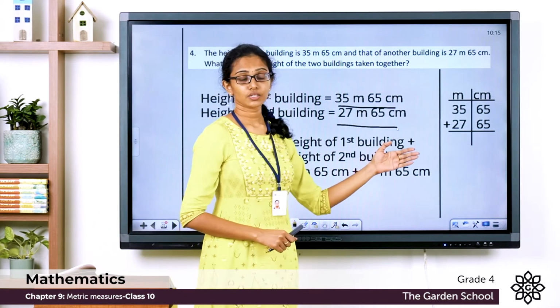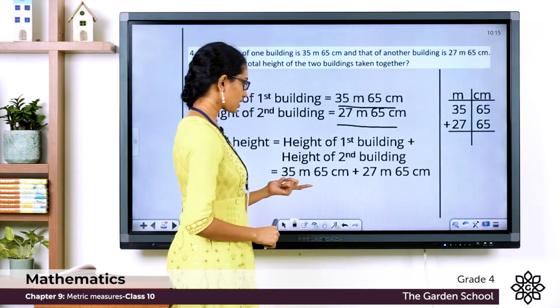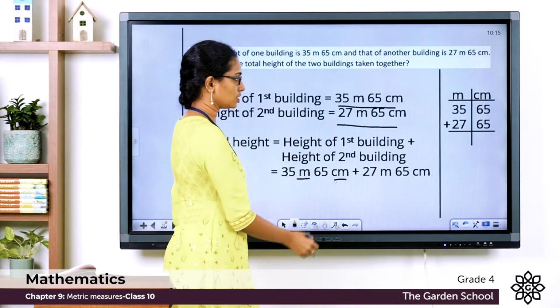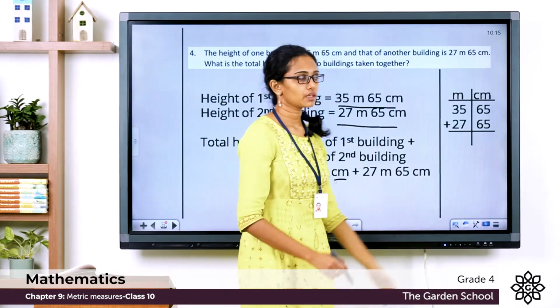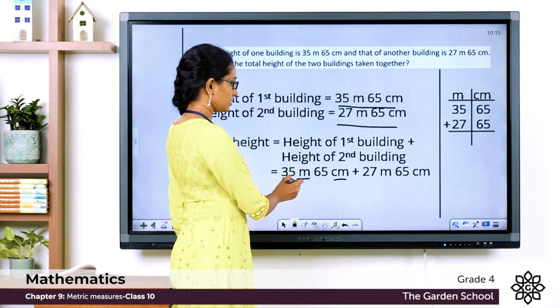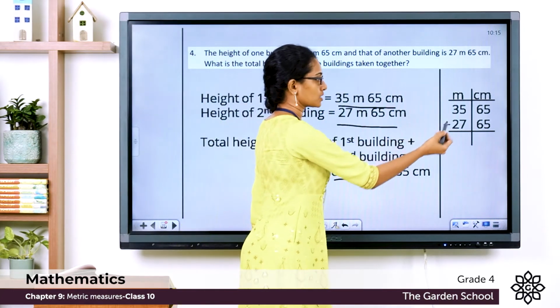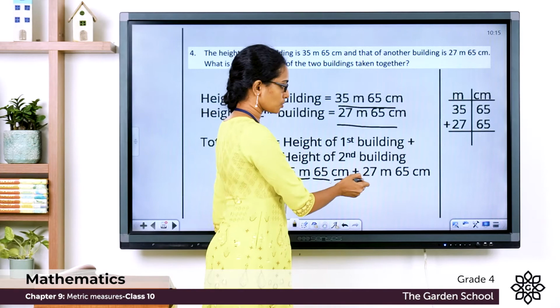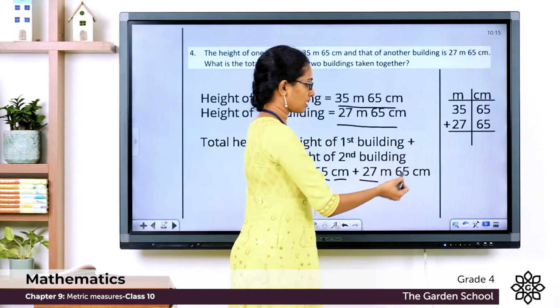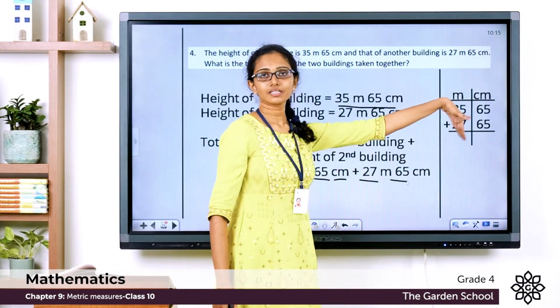So let's do the addition in the working column. So which are the units here? Meters and centimeters. So we have a column for meter and we have a column for centimeter. So the 35 meter from this goes to the meter column and 65 goes to the centimeter column. The next measurement 27 goes in the meter column and 65 goes in the centimeter column.